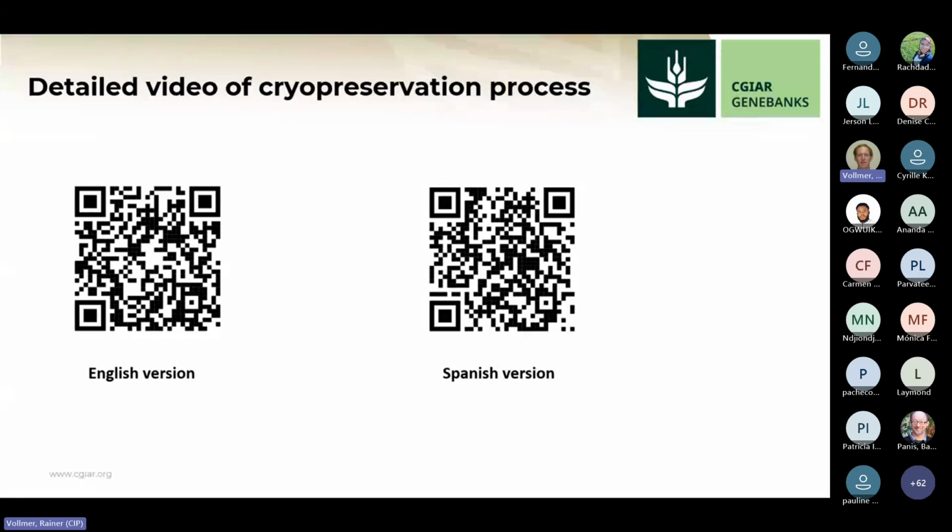If you have a cell phone, you can read this QR code. We have prepared a detailed video of the cryopreservation process that we apply. There's an English version and a Spanish version. It shows the whole process, many details, and all the chemical compositions of the media and the solutions.